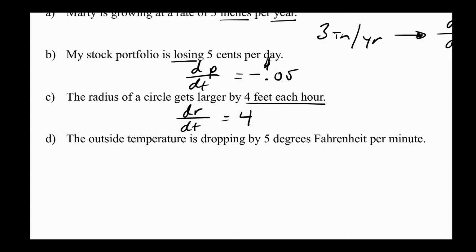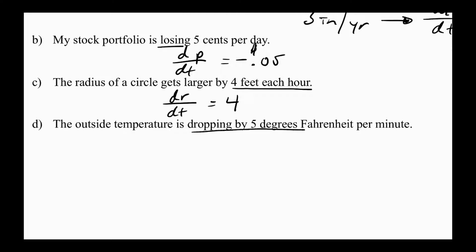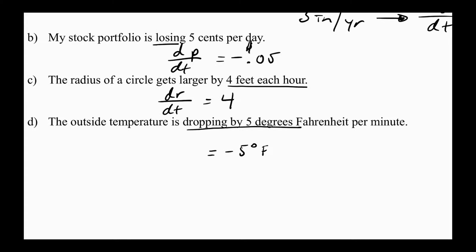The outside temperature is dropping by 5 degrees, so minus 5 degrees Fahrenheit per minute. dt goes over here. What is dropping 5 degrees per minute? Temperature, right? We usually use capital T for temperature.